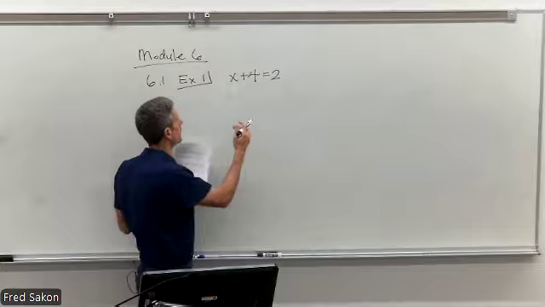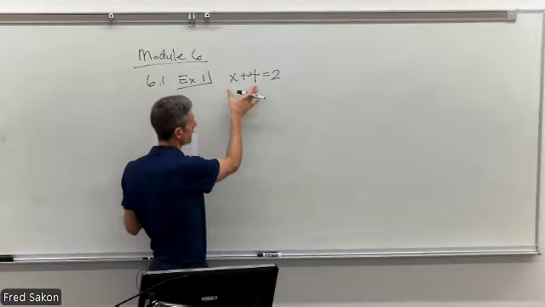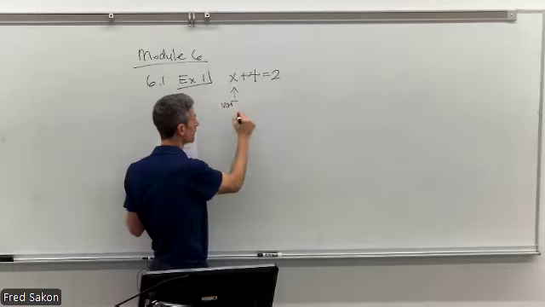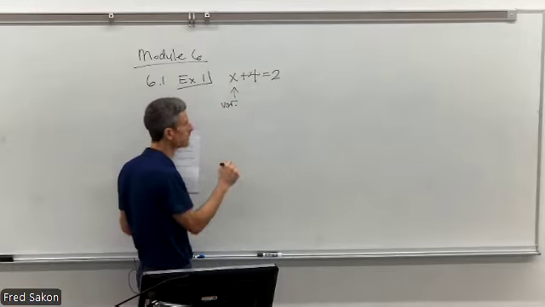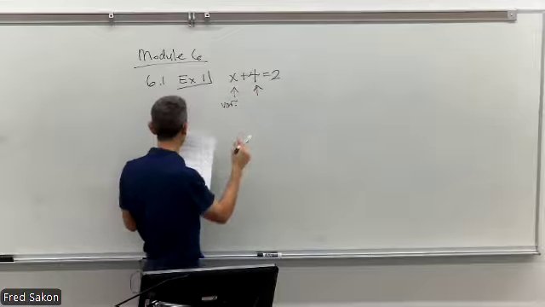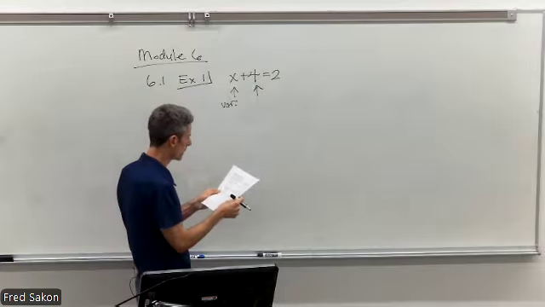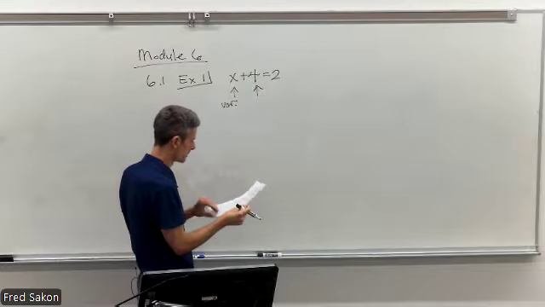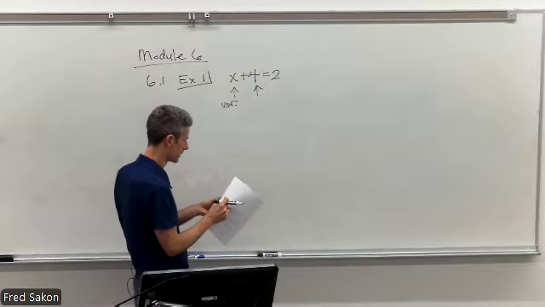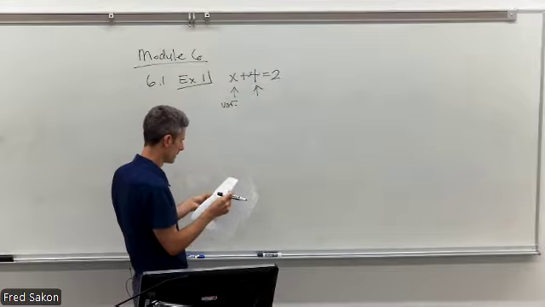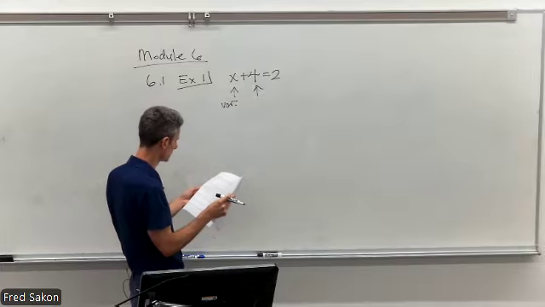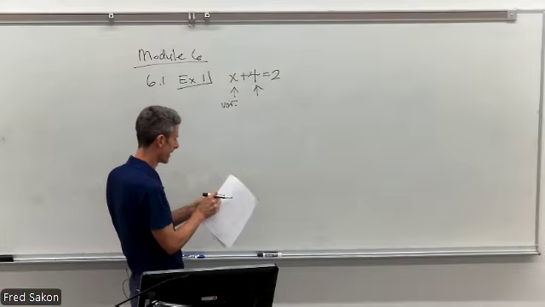So one thing that we can say about this equation is that we have variable quantities, I'm going to label those VAR, and we have numerical quantities. And there's somewhere in this packet where it says this exactly. I don't see it on 6.1. It may be on the 7 packet.